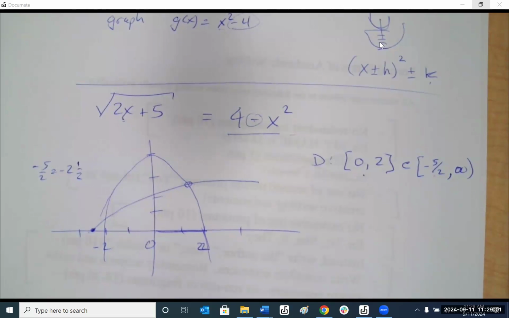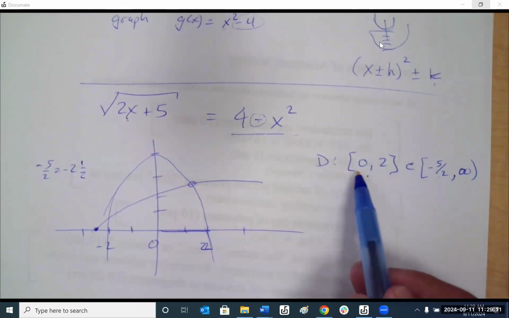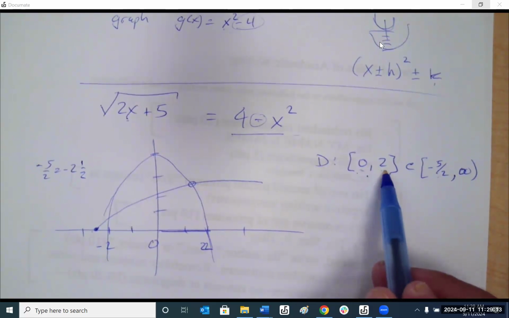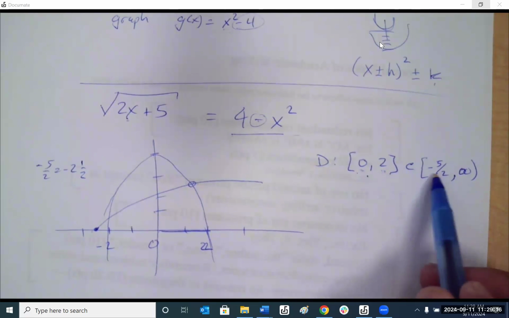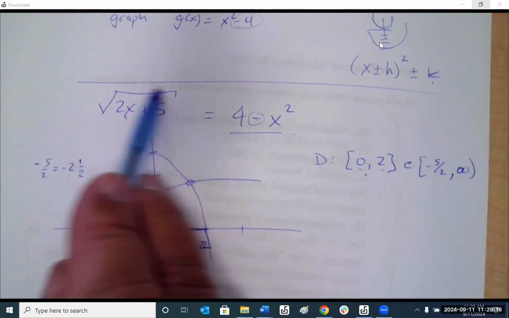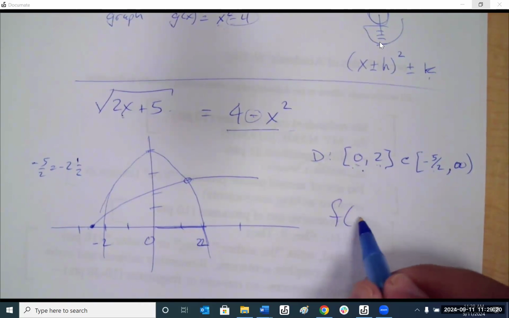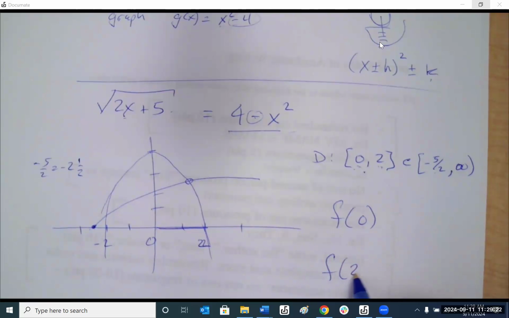Remember, this doesn't find the location of it. This finds us if we have one or not. So our domain from 0 to 2 is contained in the entire domain of this. So what if we looked at these two values?